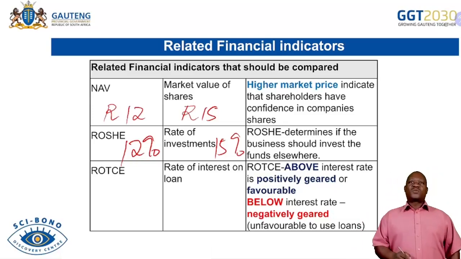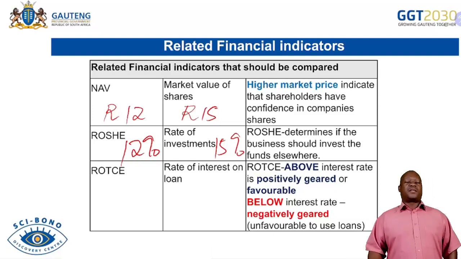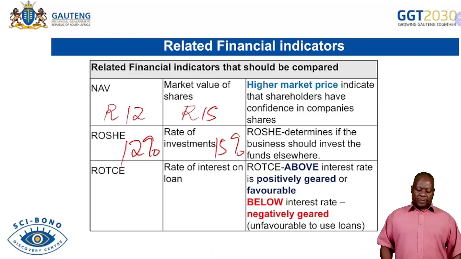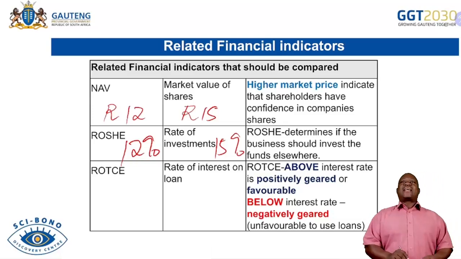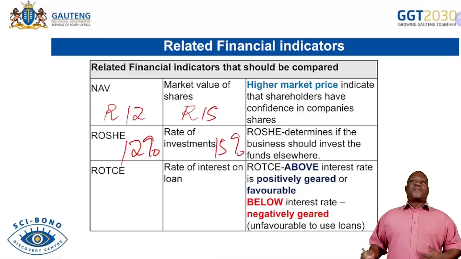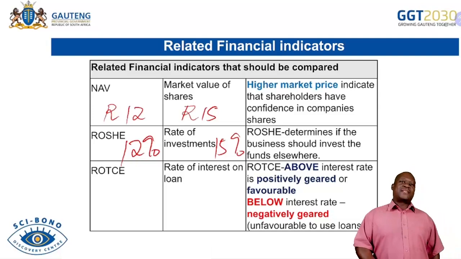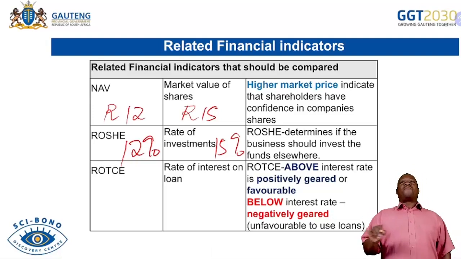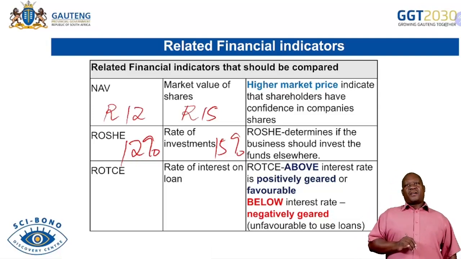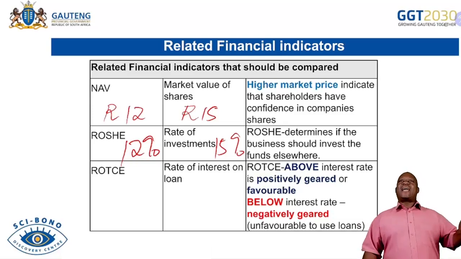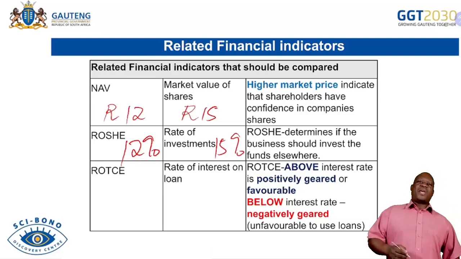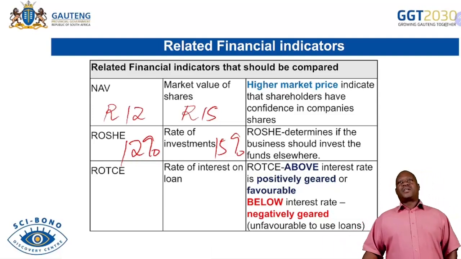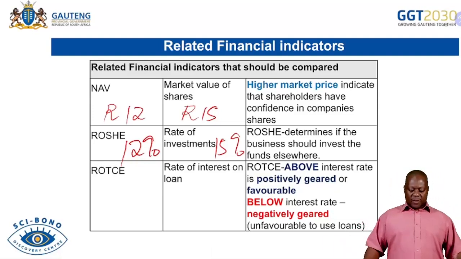And then the next one, the return on capital employed. This goes versus the interest rate, because we are asking how much is the cost of borrowing. So if we can borrow at a lower interest rate and get higher returns, we are smiling, because we are still going to be able to pay off what we have borrowed and still remain with something.